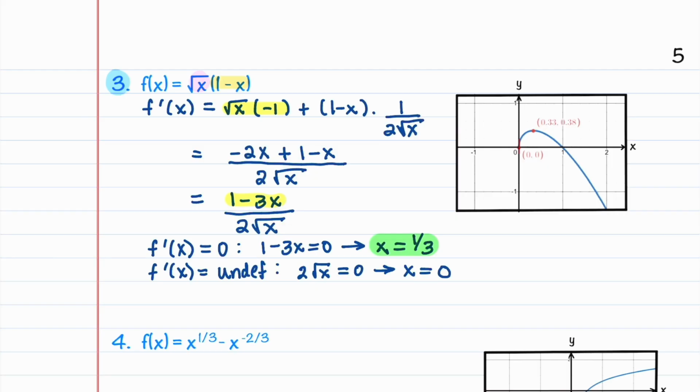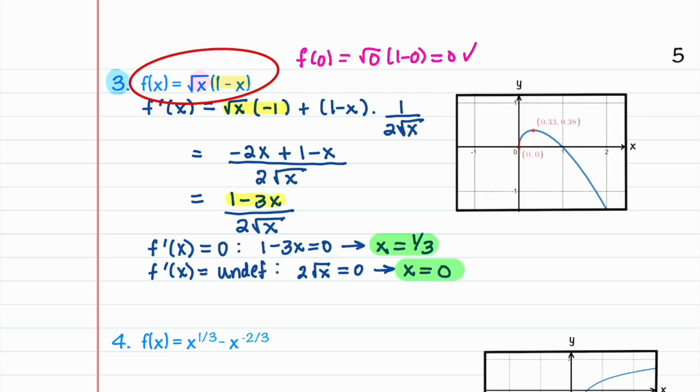We have to go back up to our original function and see if it's defined at 0. F at 0 is the square root of 0 times 1 minus 0, which is just 0, and it is defined. So we can then know that x is equal to 0 is also a critical number.